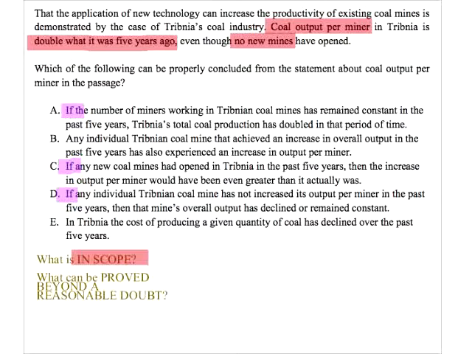So when you see if blah blah blah, then blah blah blah, the if hypothetical does not have to be in scope because they're just positing that.